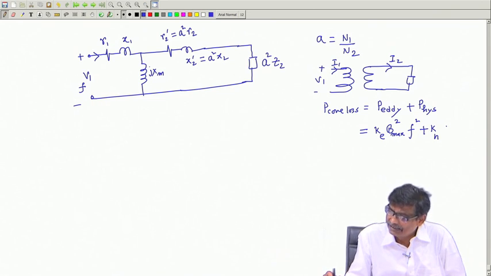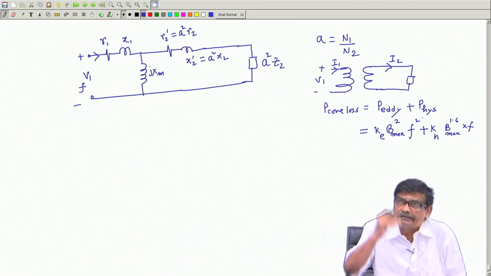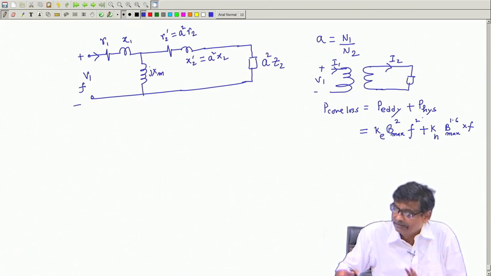Instead of writing that, it is proportional to, I will say, B max maybe raised to the power 1.6 into F. It is one of the more exact results for loop area, but okay, this is like this.